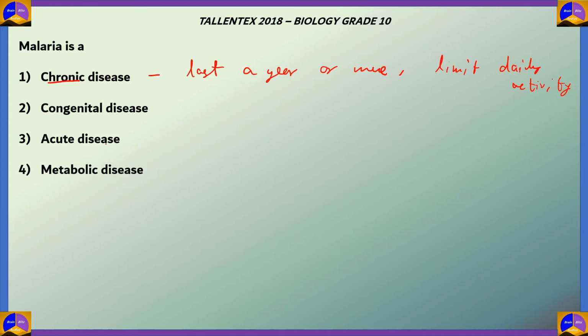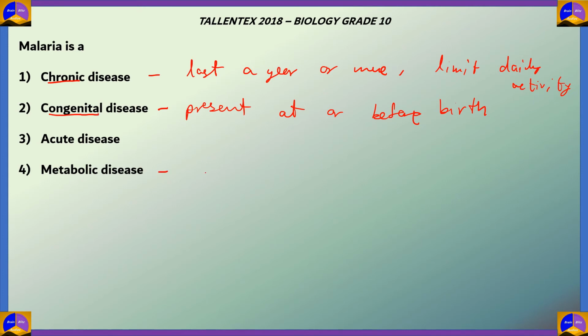But let's move on and check out all of the definitions first, and then we'll look at which category malaria takes place in. So congenital diseases are diseases which are present at or before birth. So these are the so-called birth defects. Now, what about metabolic diseases?